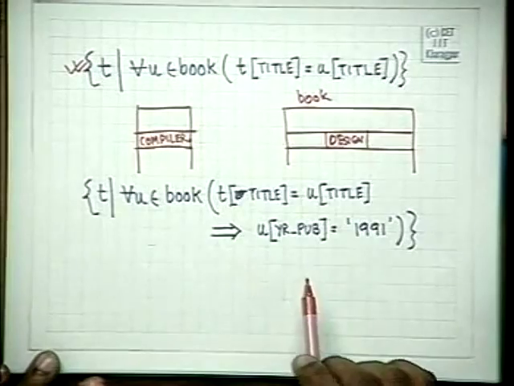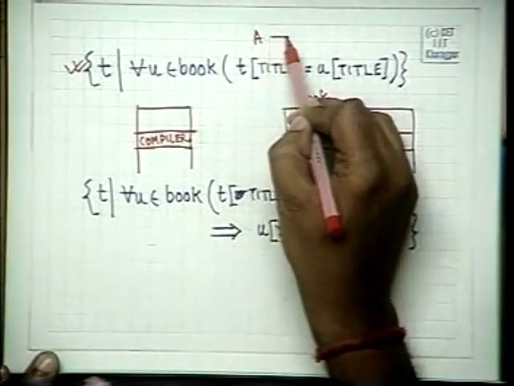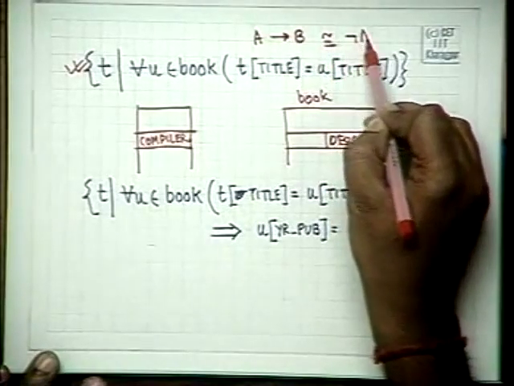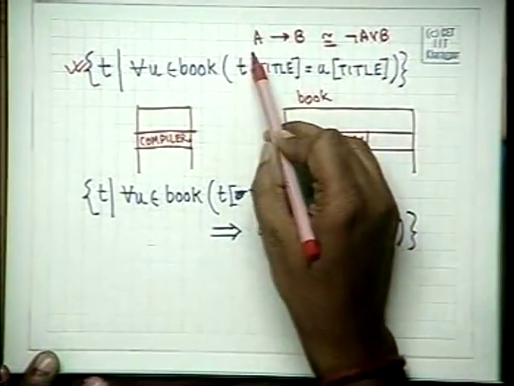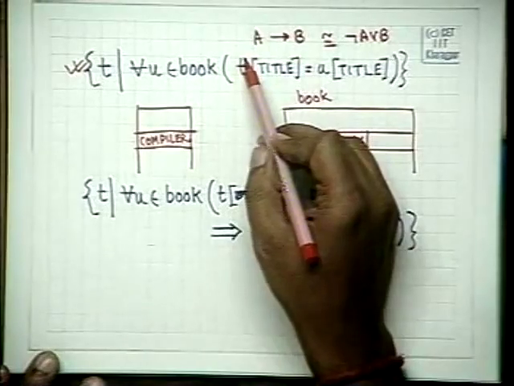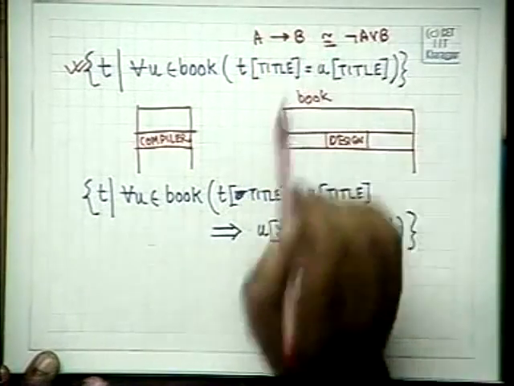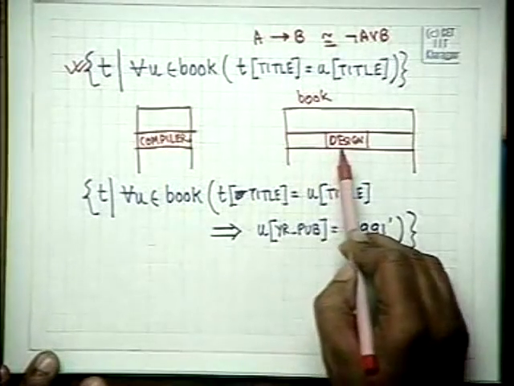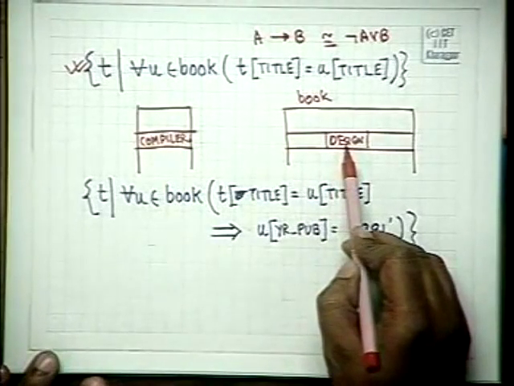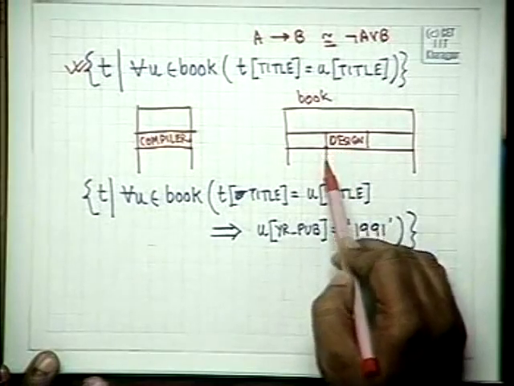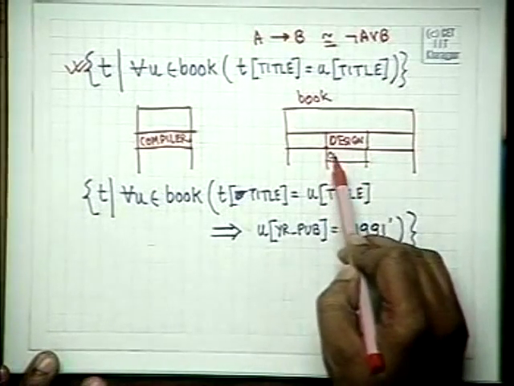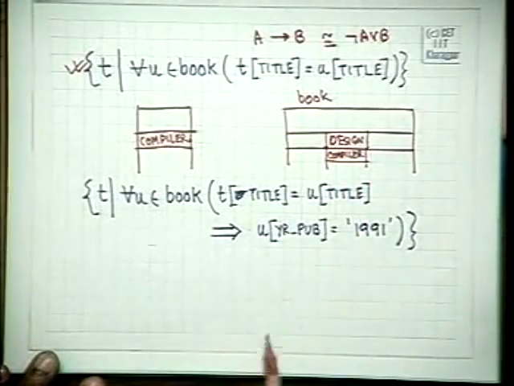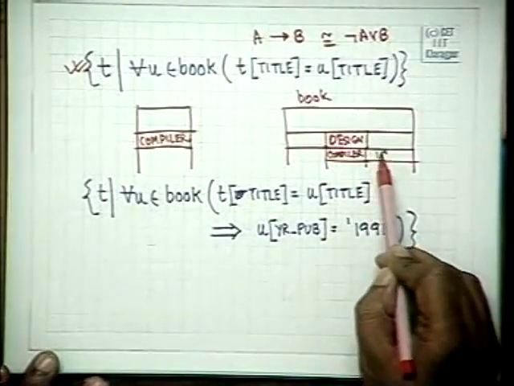The implies relation A implies B is equivalent to not A or B. That is, if A is not true, this relationship is satisfied, but if A is true, then B must be true. Therefore, compiler will trivially satisfy a book which has got title design. But if there is another book compiler, then the year of publication must be 1991.